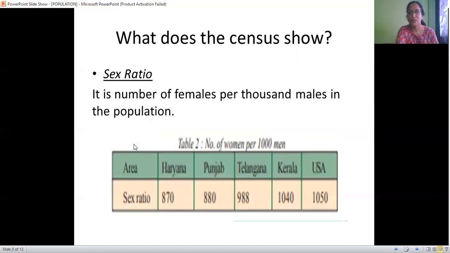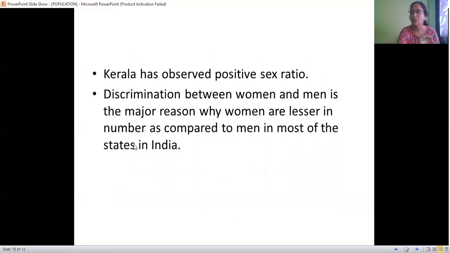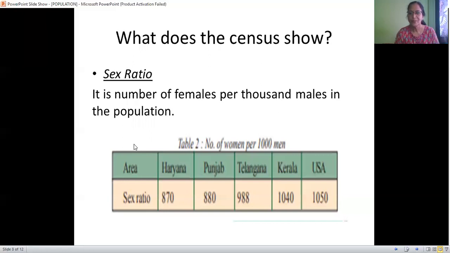Now what does the next topic, the census, show? The sex ratio. It is the number of females per thousand males in a population. Now in this diagram you can see the number of women is less. In Haryana, Punjab, Telangana, the number of women is less compared to the men. But in Kerala, the number of women is more than the men.